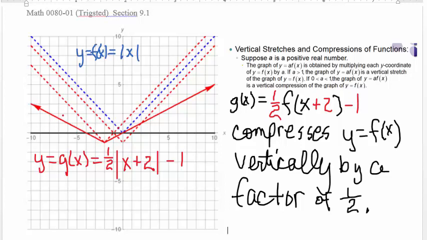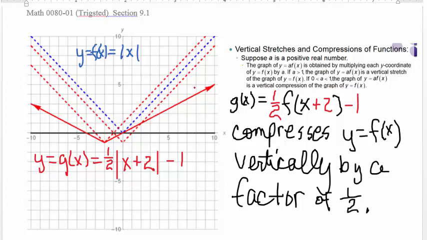So notice how a vertical compression makes the graph wider than it was. It's as if you're taking it and you're squishing it in the downward direction. If you take something and squish it down, you don't change the physical mass of what you have, you're going to get a vertical compression.